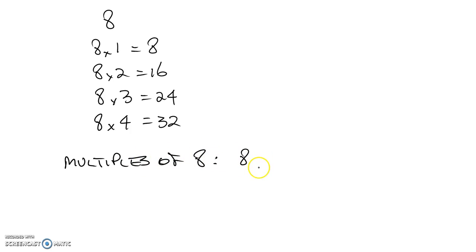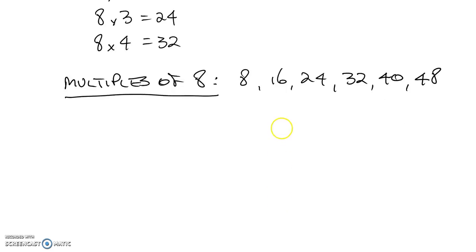We write them down as 8, 16, 24, 32. We keep counting up in 8s to give us all the rest of them. 40, 48, and so on. So that's how we calculate the multiples of 8.